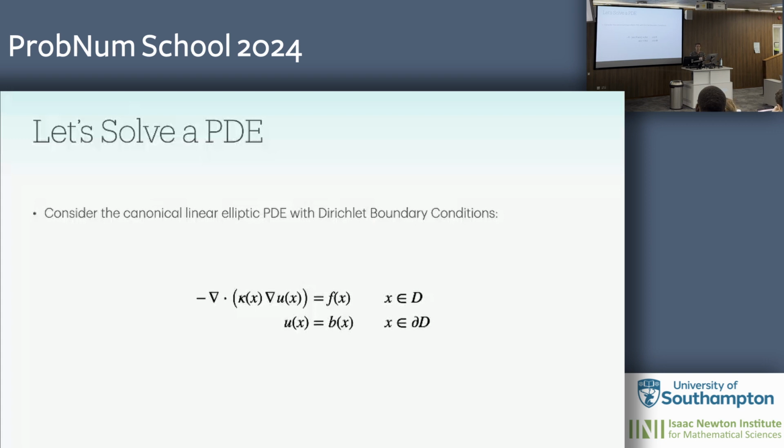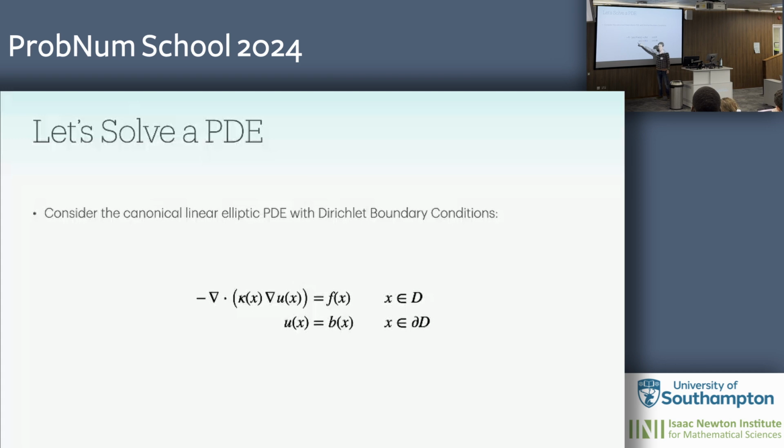Then we might be interested in studying how a contaminant flows through that groundwater, and that would be described by this PDE. So here, kappa of x is the permeability of this big aquifer, this big sponge. This is a spatially varying quantity to allow for the fact that maybe the aquifer is more permeable at certain points in the domain than at others because of how the structure of the rock under the surface changes. And we have a boundary condition here.